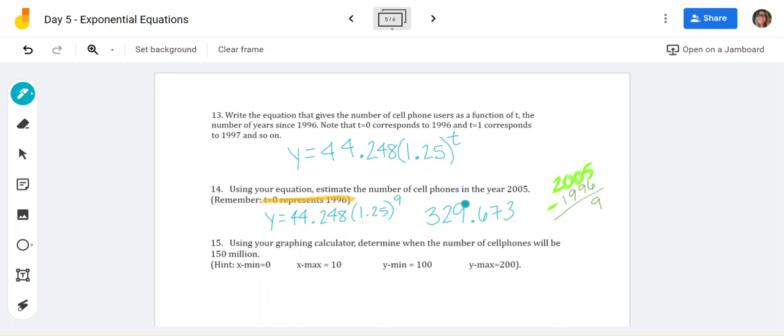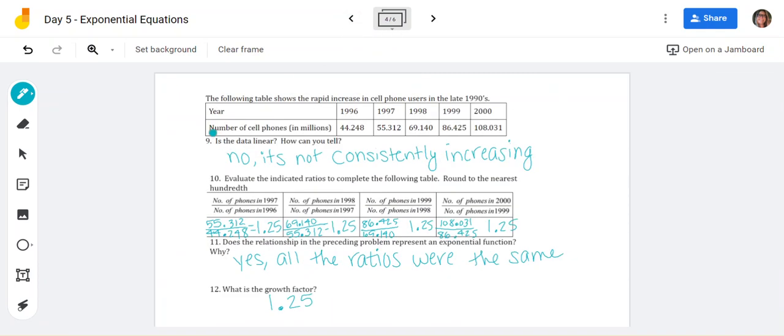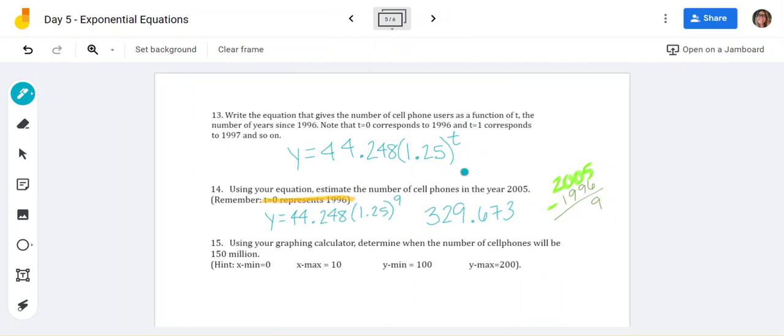Now let's look at our units, because there's no way there was only 329 cell phones in 2005. So it told us it's the number of cell phones in millions. So there's 329.673 million cell phones.